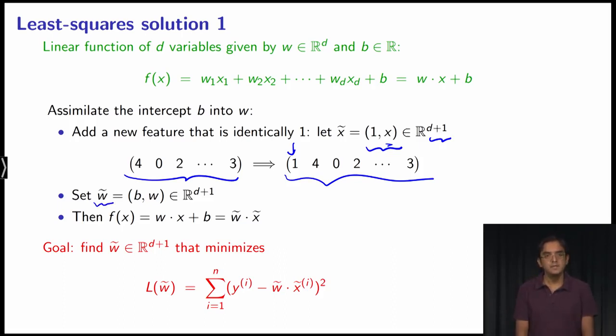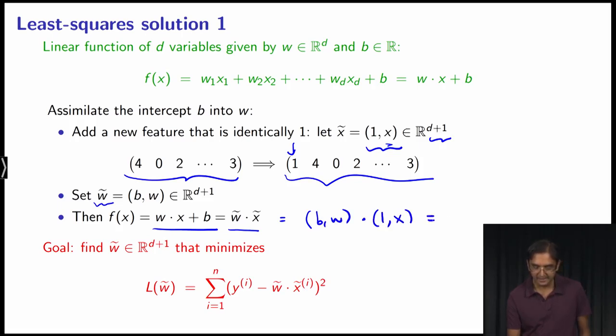So now let's see what happens to our linear function. Our linear function was W dot x plus b, but this is exactly the same as W twiddle dot x twiddle. Why? Because W twiddle is b comma W, and x twiddle is 1 comma x, so it's exactly b plus W dot x.